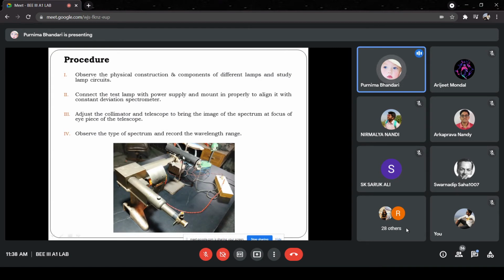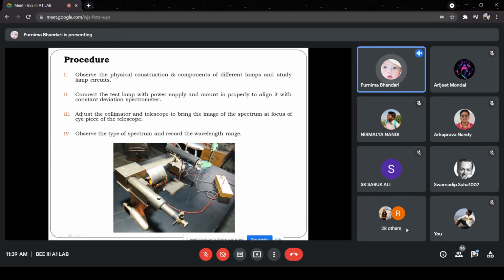We have to light up this SOX lamp, and then rotate this drum. Here is the drum, there is a knob, you can rotate it, and we have to put our eye to this telescope hole and see the yellow wavelength which is coming through this telescope.